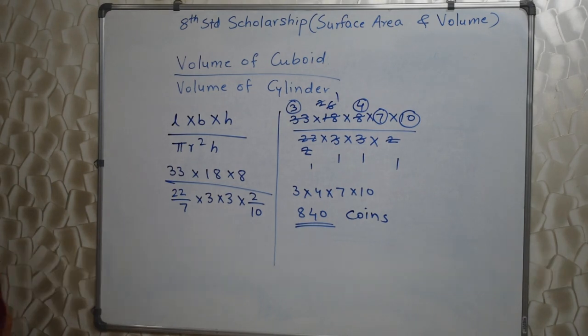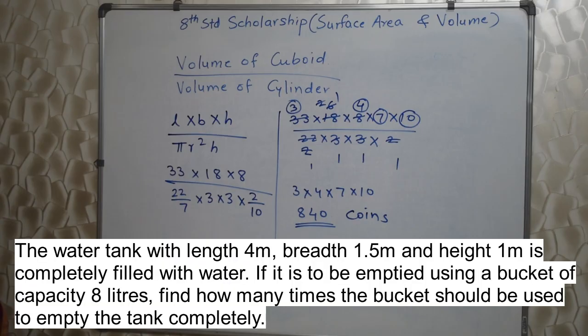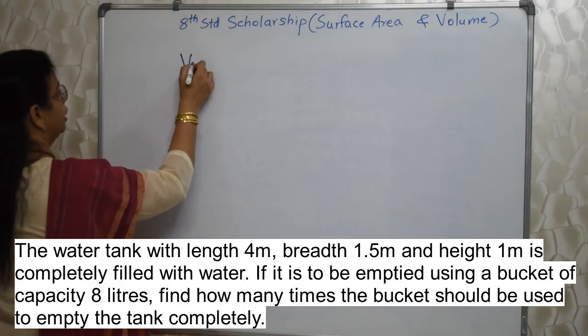Let's move ahead. Next sum. The water tank with length 4 meter, breadth 1.5 meter and height 1 meter is completely filled with water. If it is to be emptied using a bucket of capacity 8 liters, find how many times the bucket should be used to empty the tank completely. See, here also the bigger thing is tank.